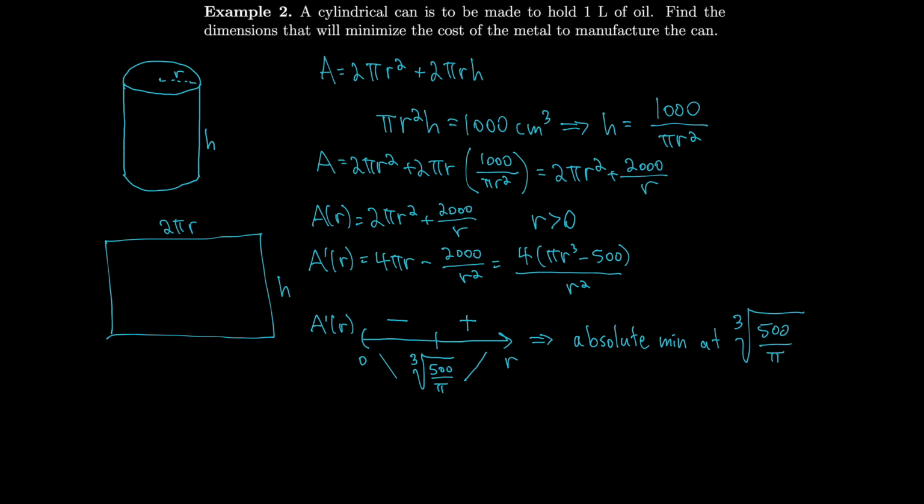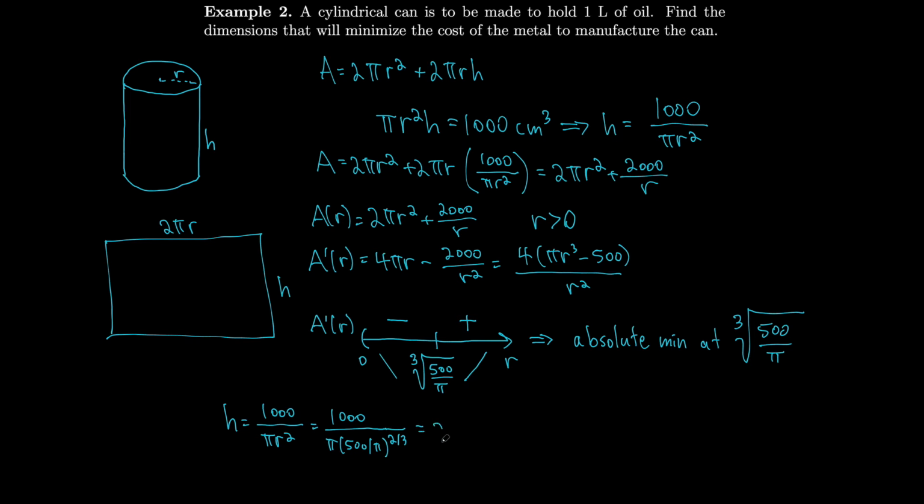Let's see what h is so that we can get the other dimension. So h is 1000 over pi r squared. So that's 1000 over pi times 500 over pi to the 2/3 power.